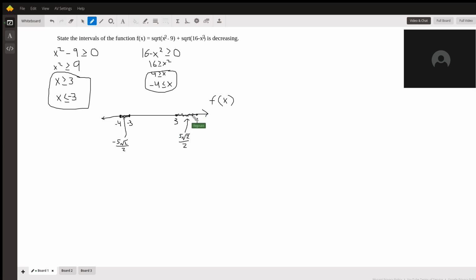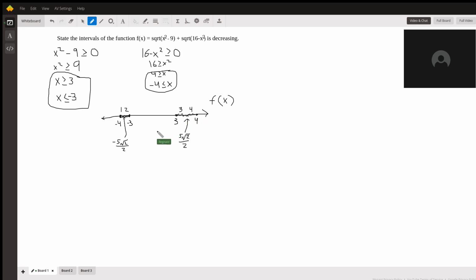And we have them on the number line. So if we use the first derivative test, we're going to test out 1, 2, 3, 4 different intervals.